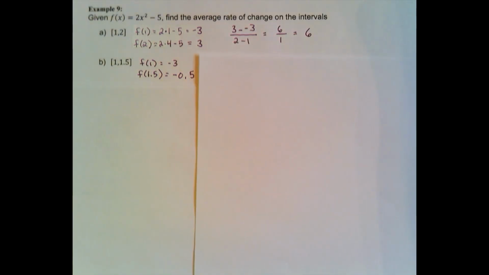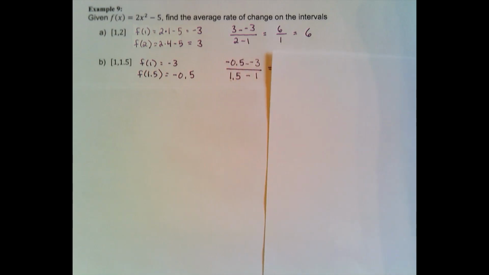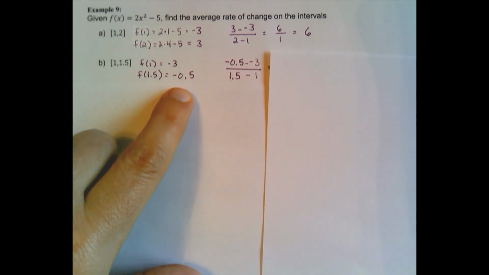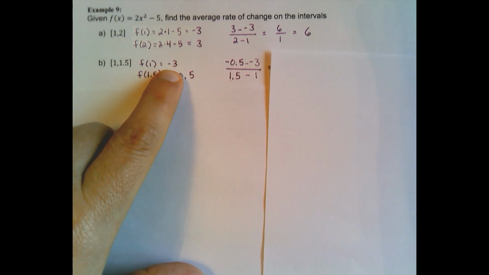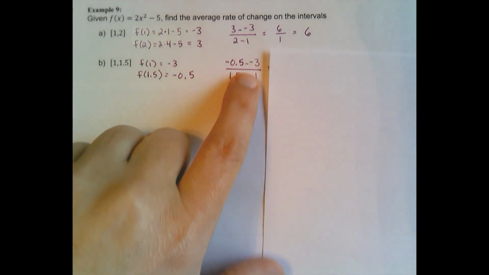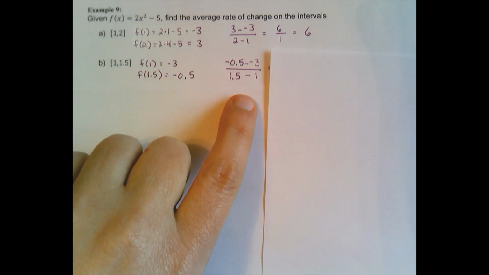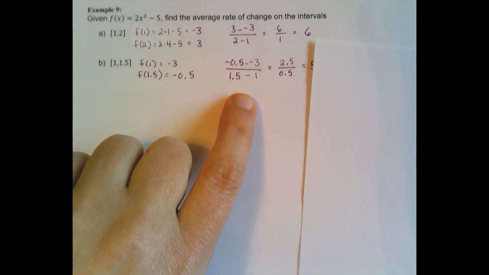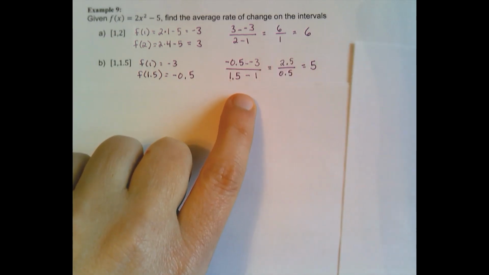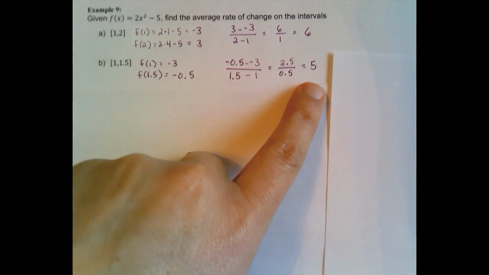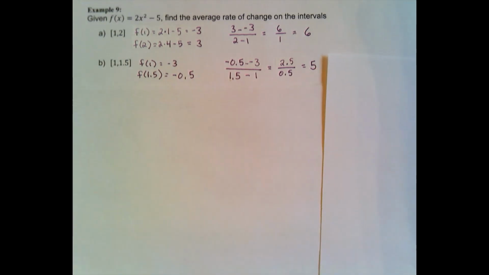And then with those two values, we set up the difference quotient. F of b minus f of a. Those two negatives can turn into a plus. And after going through the arithmetic of simplifying this, we arrive at an average rate of change of 5.